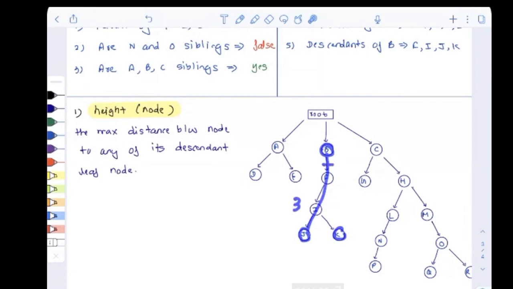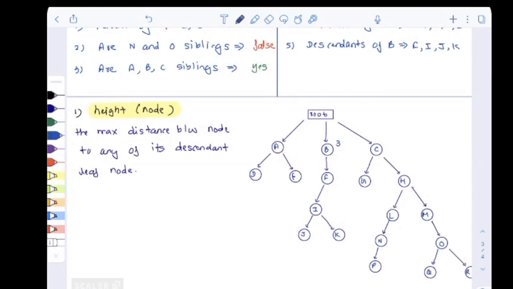I'm considering the distance edgewise, guys, right? And the distance here is also 3. So what is the maximum distance between the node B and any of its leaf descendants? That is going to be 3, guys, right? That is why the height of B is going to be 3. Now if you got this definition, can you tell me what is the height of node A?